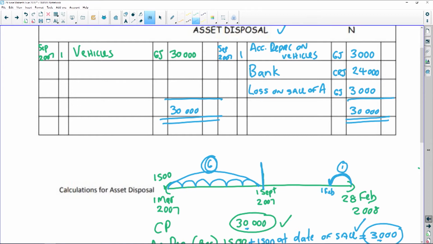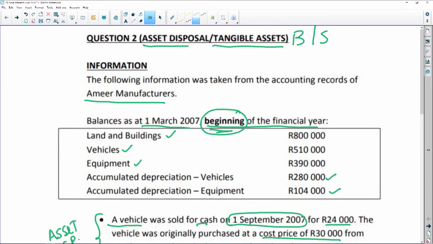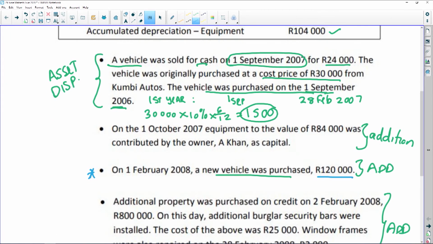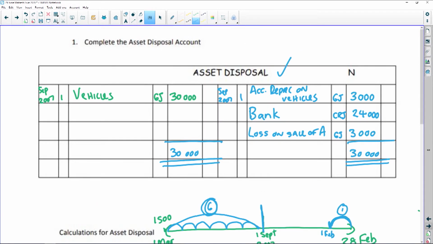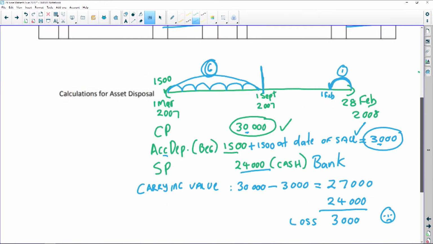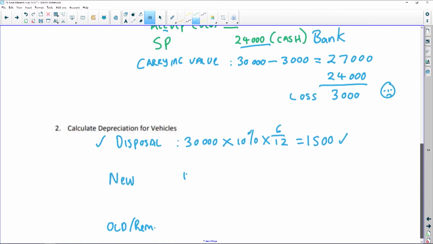So let's go back and let's get the cost of the new vehicle that we purchased. So the cost is 120,000. So let's take that through. Okay, so in my calculation, 120,000 times 10% is obviously the rate. And remember, for this financial year, I owned the vehicle for 1 month.